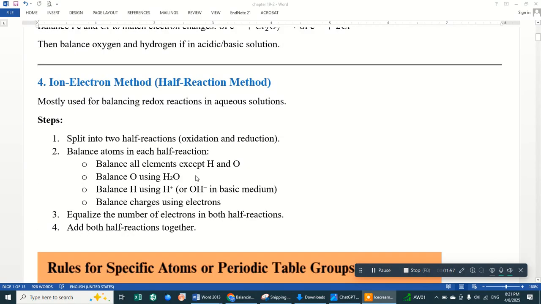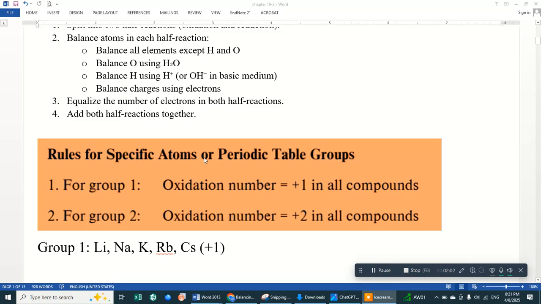we must know about the oxidation states of the elements in the periodic table first of all.